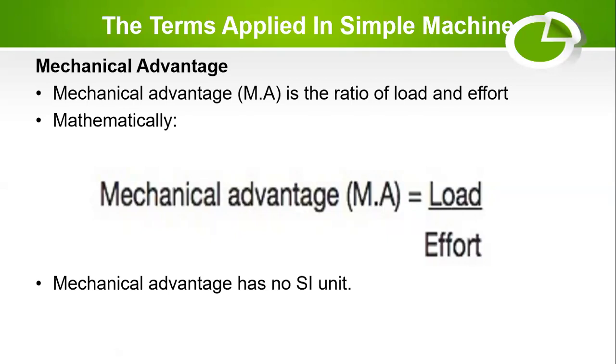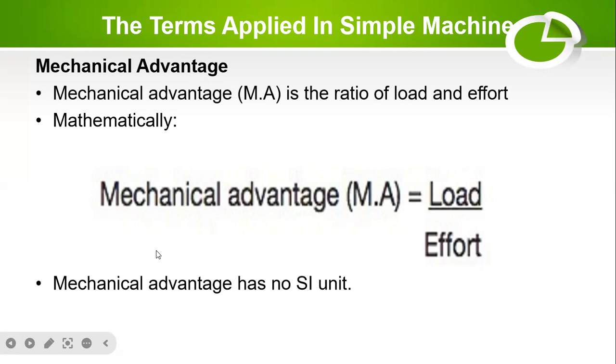The first term is the mechanical advantage. Mechanical advantage, abbreviated as MA, is the ratio of the load and the effort. That's simply the definition. Mathematically, mechanical advantage equals load upon effort.